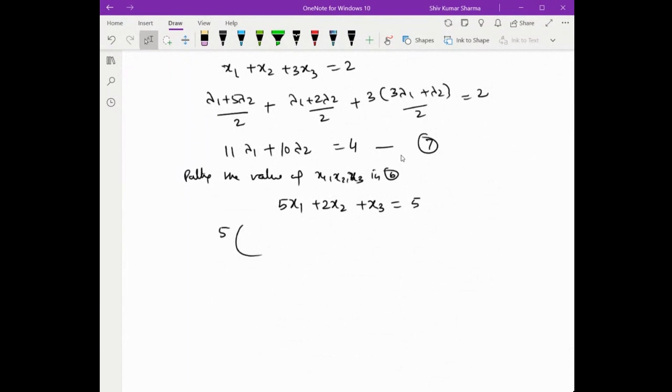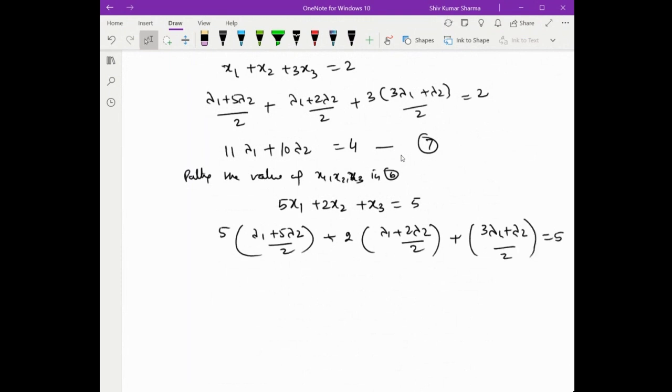So we put the value of x1, which we write as lambda 1 plus 5 lambda 2 upon 2, plus 2 lambda 1 plus 2 lambda 2 upon 2, plus 3 lambda 1 plus lambda 2 upon 2 is equal to 5.